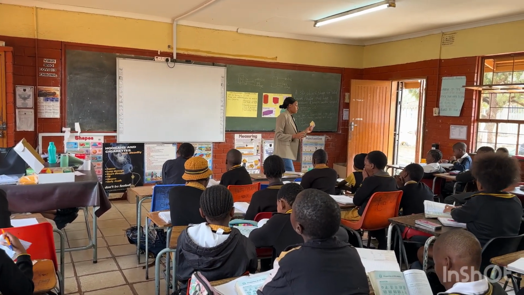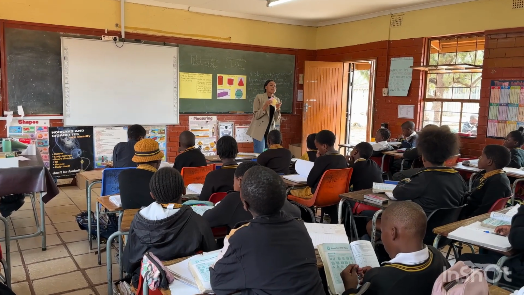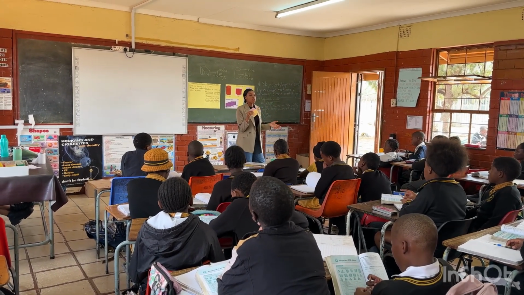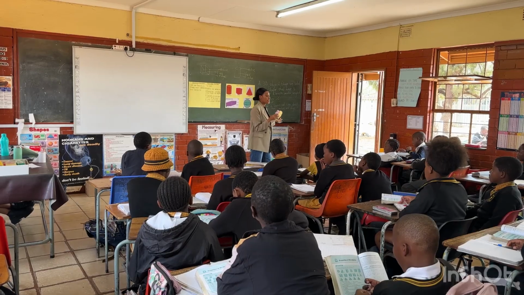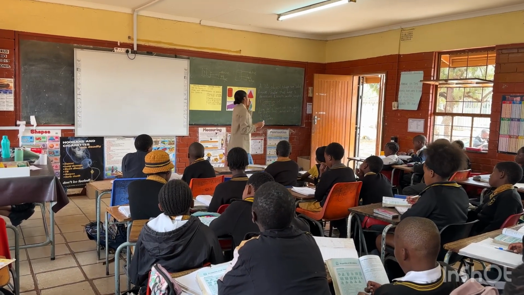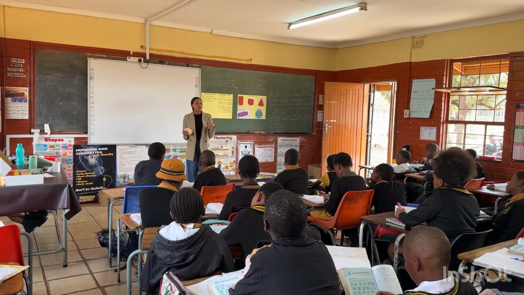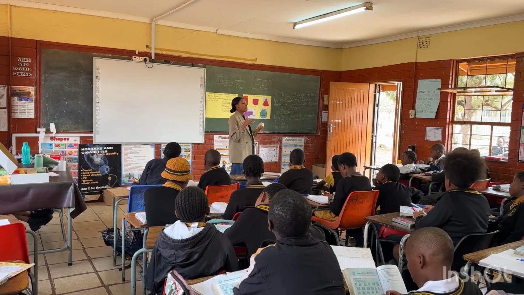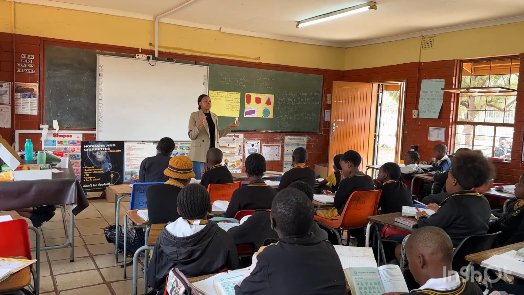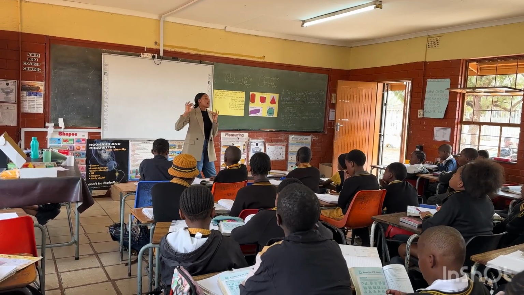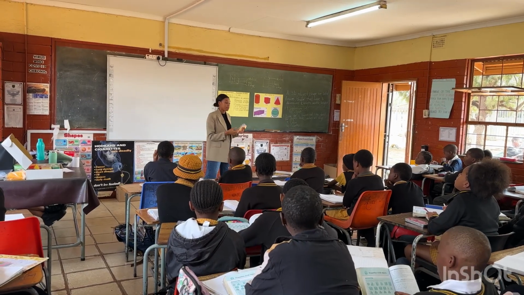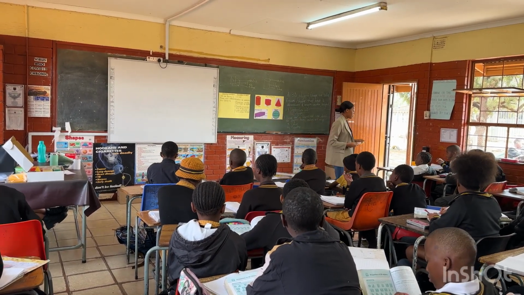You write what you understood in today's lesson. And then our next activity, we're gonna be looking at the pyramids and the difference between pyramids and tetrahedrons. So these are your exit tickets.